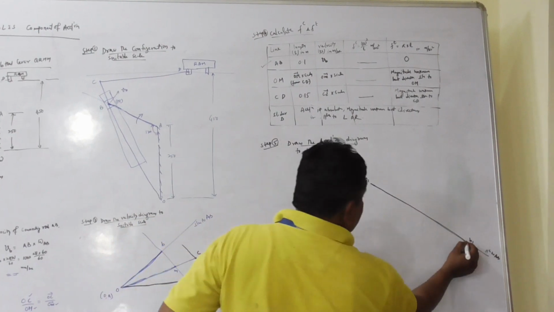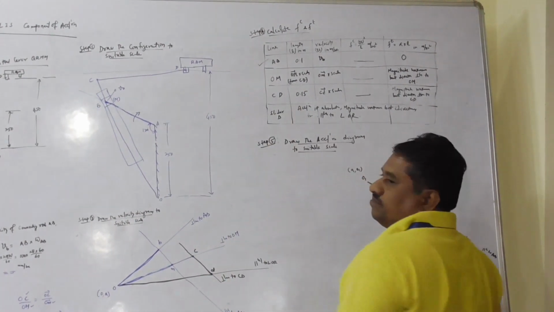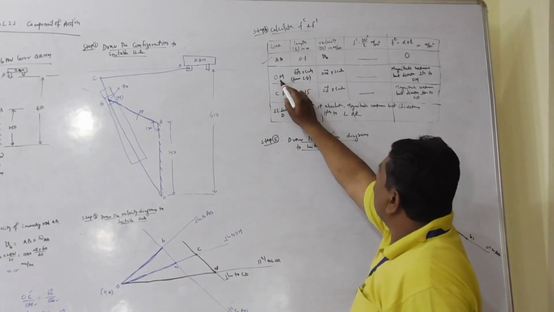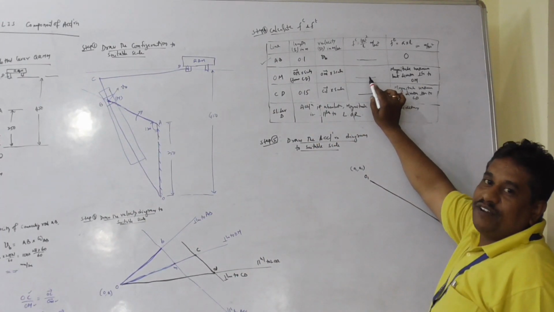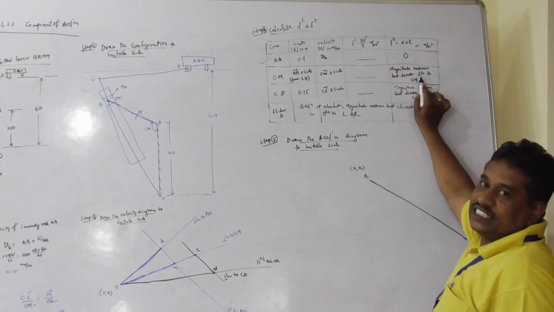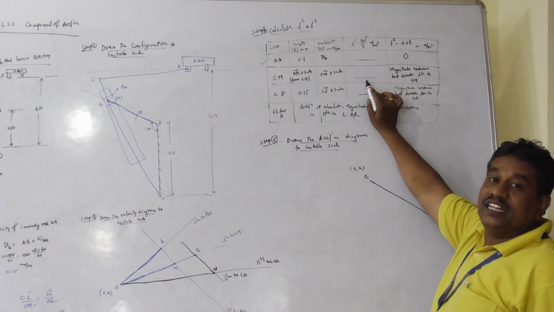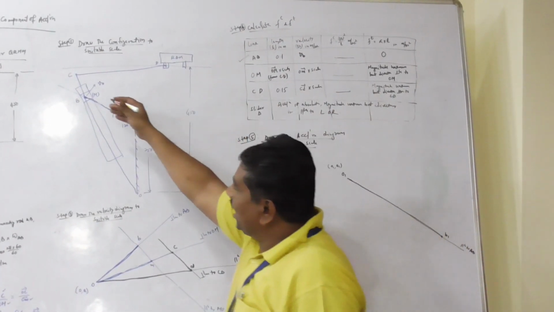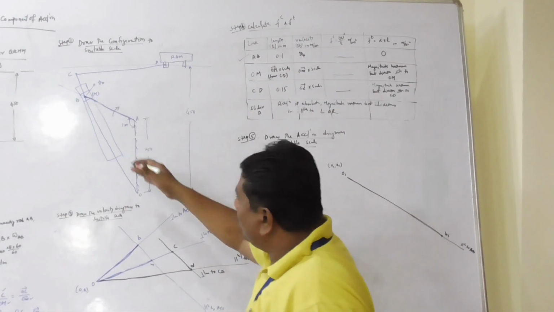Now, consider OM. OM is MO. Acceleration of OM is a vector summation of centripetal and tangential. Centripetal component of acceleration of M relative to O is known, whose direction is again parallel and downwards.